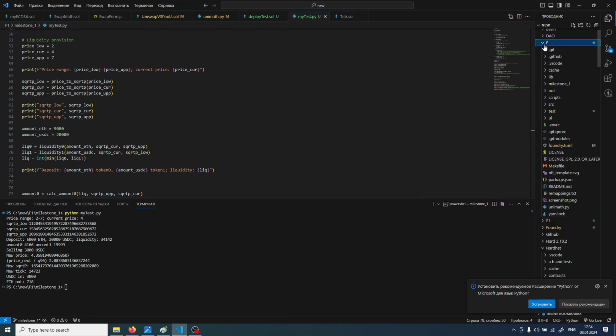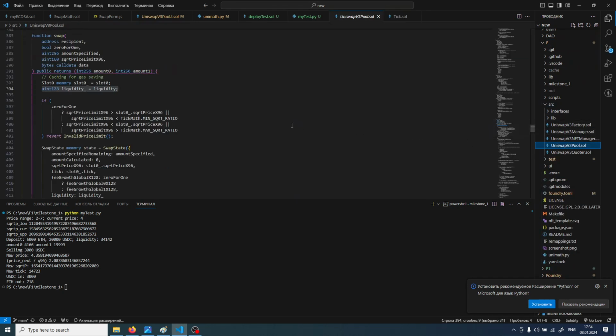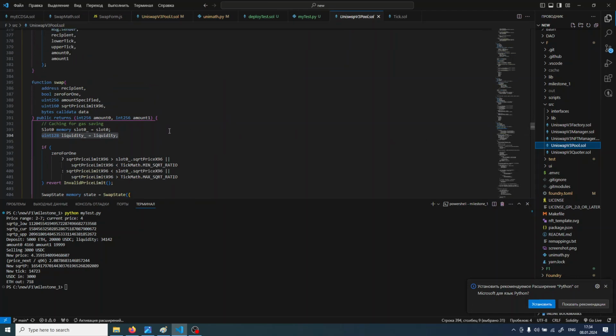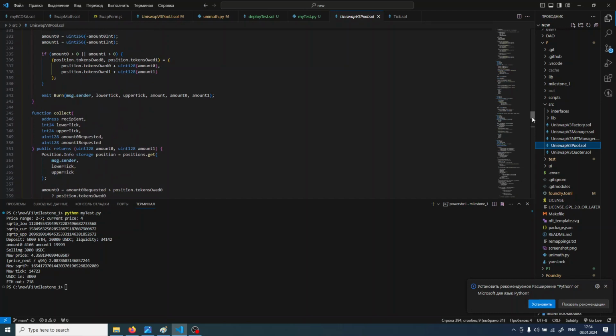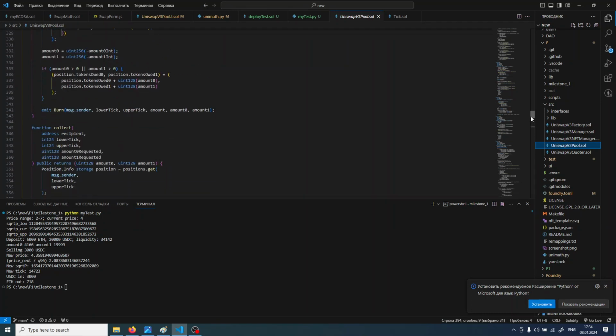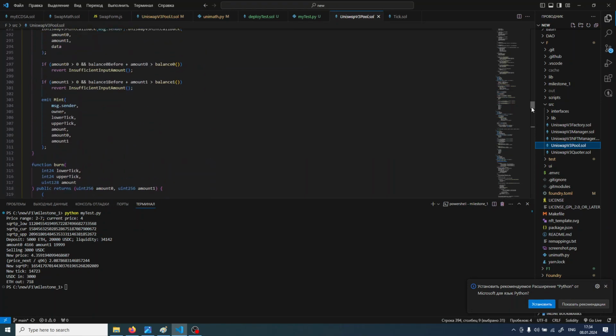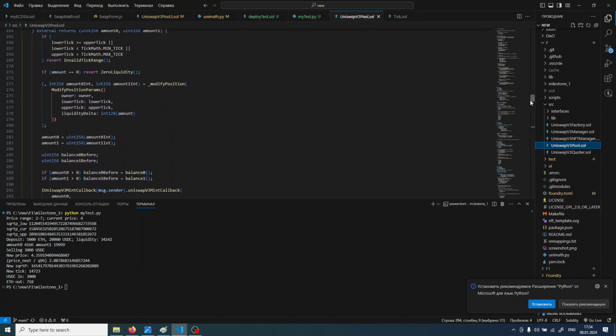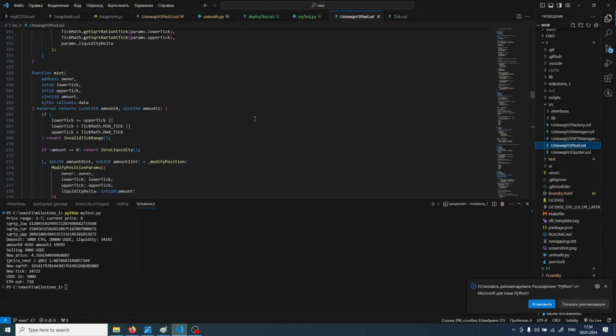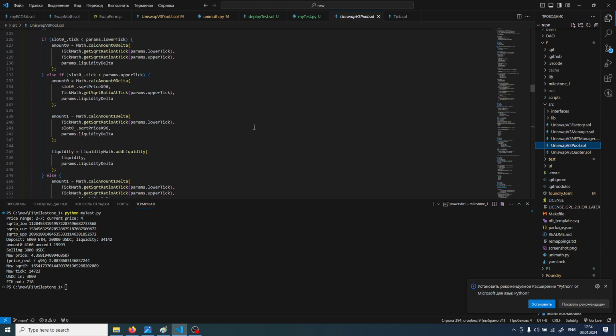We have the Uniswap v3 pool code here, and I can show you how they store this information.